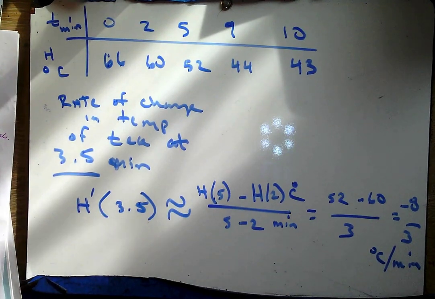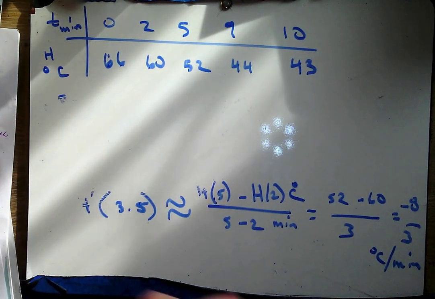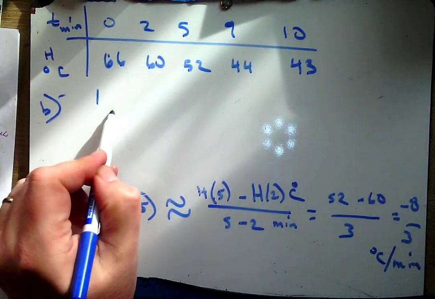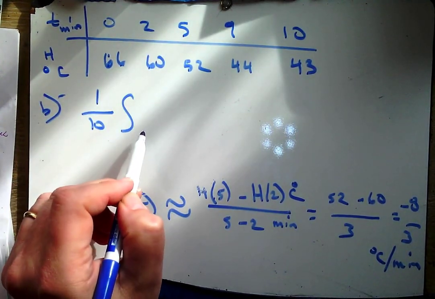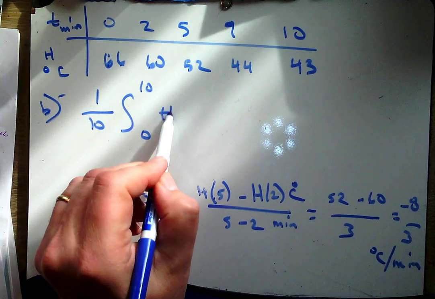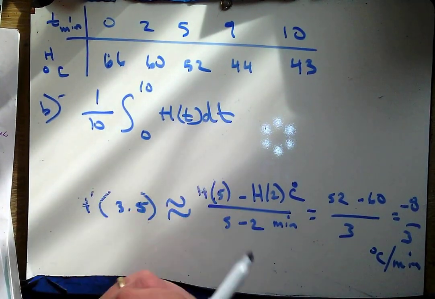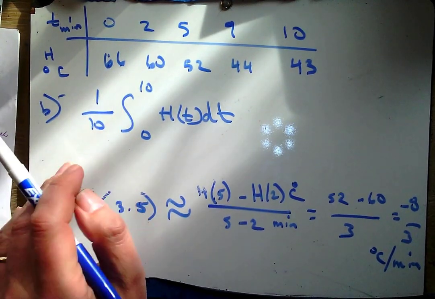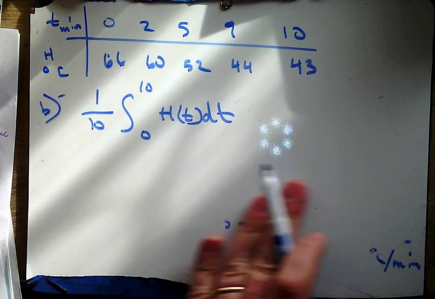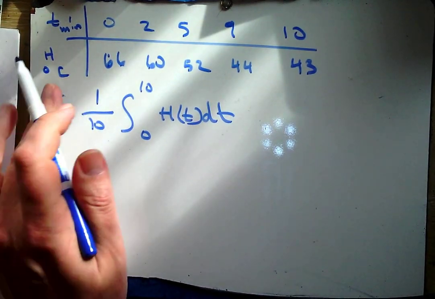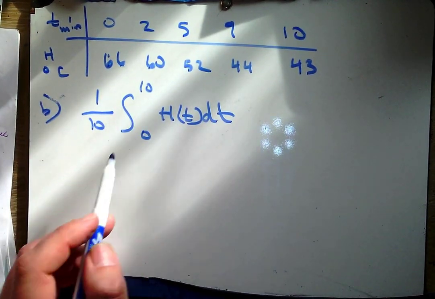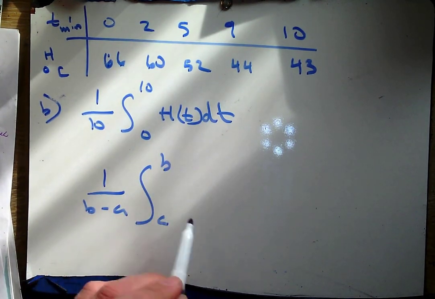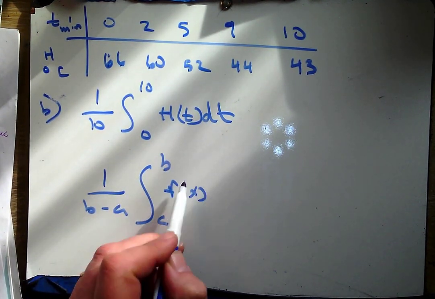Next, part B says, using correct units, explain the meaning of 1 over 10 integral from 0 to 10 of h of t dt. Okay, well, h is a temperature function. Does it seem familiar? Does it look like 1 over b minus a integral a to b of f of x dx?